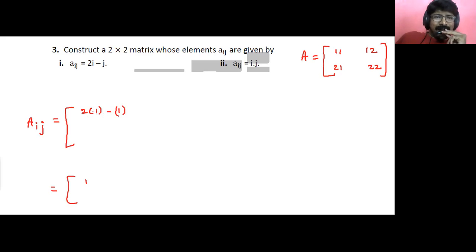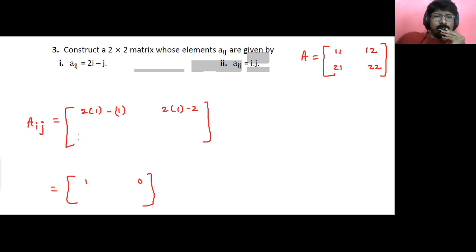When i is 1 and j is 2, what will happen? 2 into 1, minus 2, because here the column number is 2. So 2 ones are 2, minus 2, that will become 0. I hope you understood how the matrix is forming.